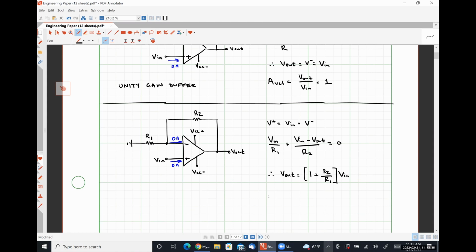So we have a closed loop voltage gain of 1 plus R2 over R1.